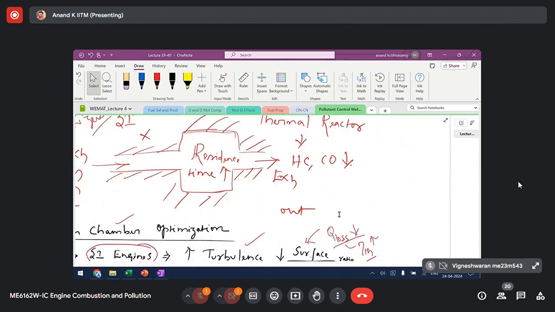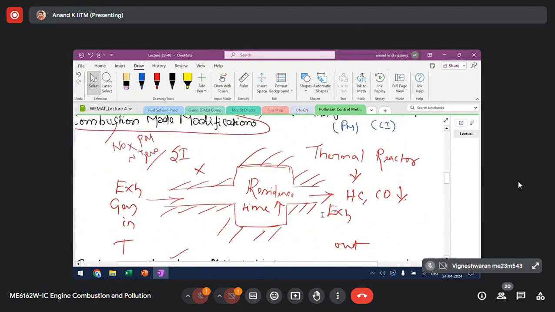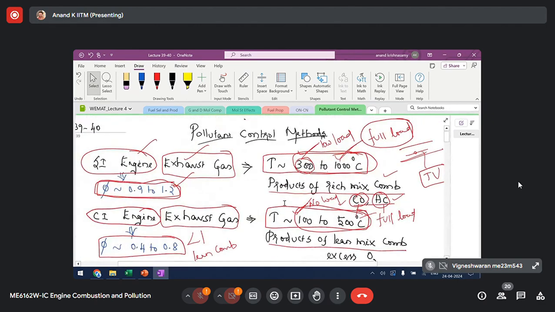In a thermal reactor based control, they will completely insulate the exhaust manifold, right from the exhaust port, to avoid heat loss, because this method relies on the available temperature in the exhaust gas. We have already discussed the exhaust gas temperature condition.